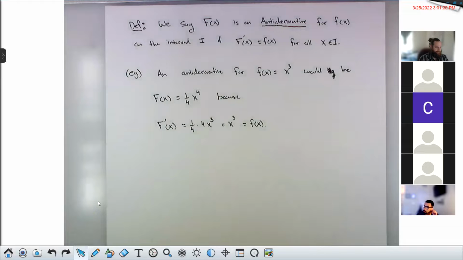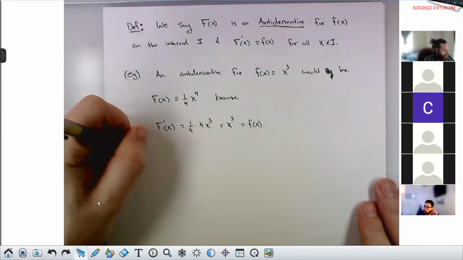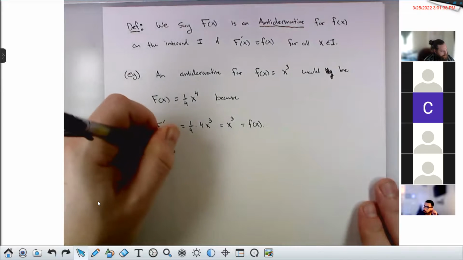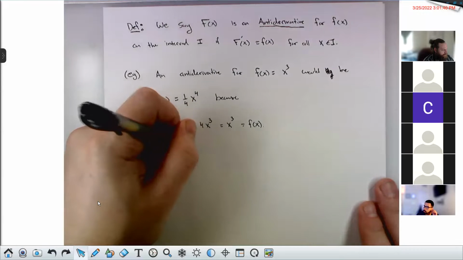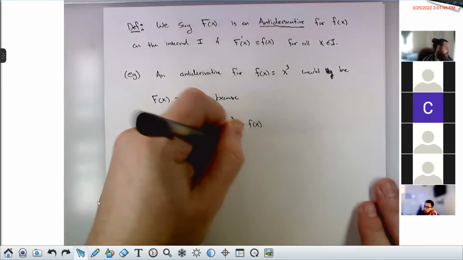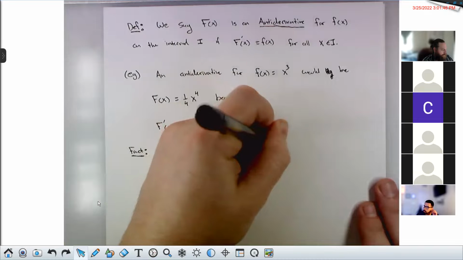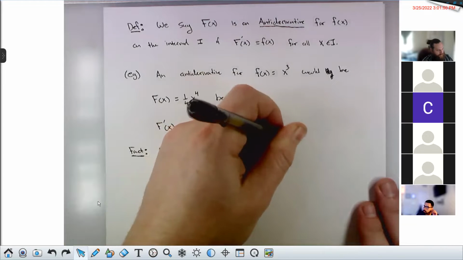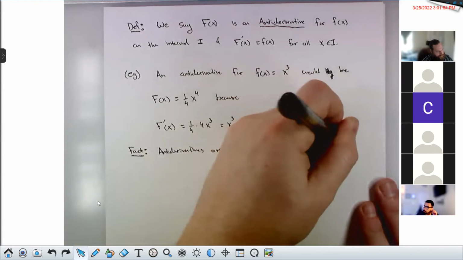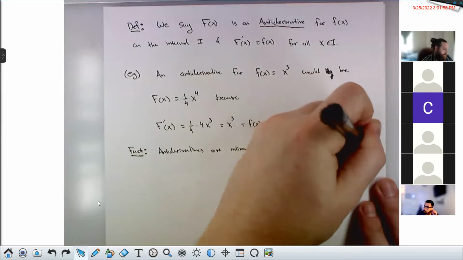So a fact: antiderivatives are intimately connected to the area problem, the area finding.